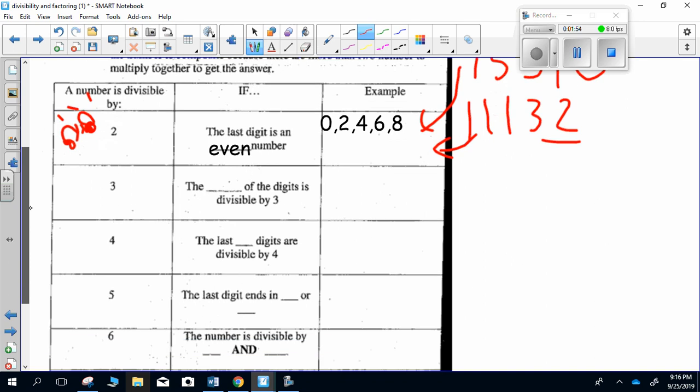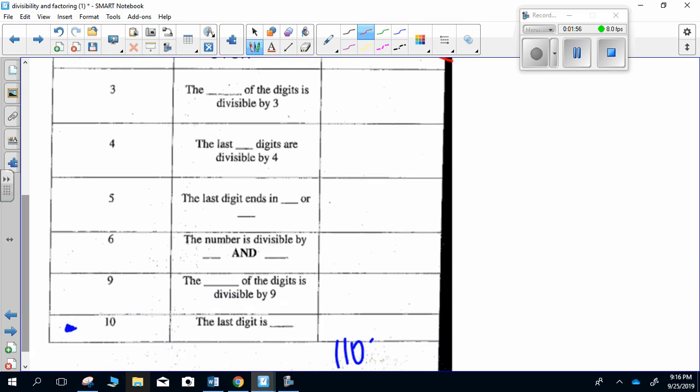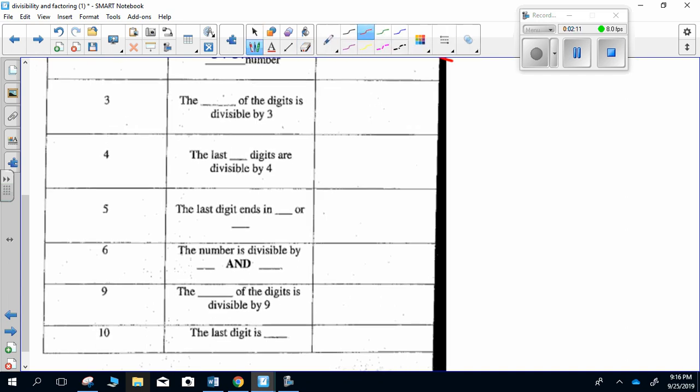Okay, I'm going to scoot down to 5. Thinking back to what you know, if you look at the sieve, you will notice that all the numbers that are divisible by 5 end with either a 5 or a 0. So same idea as 2, it's just a look-at thing.